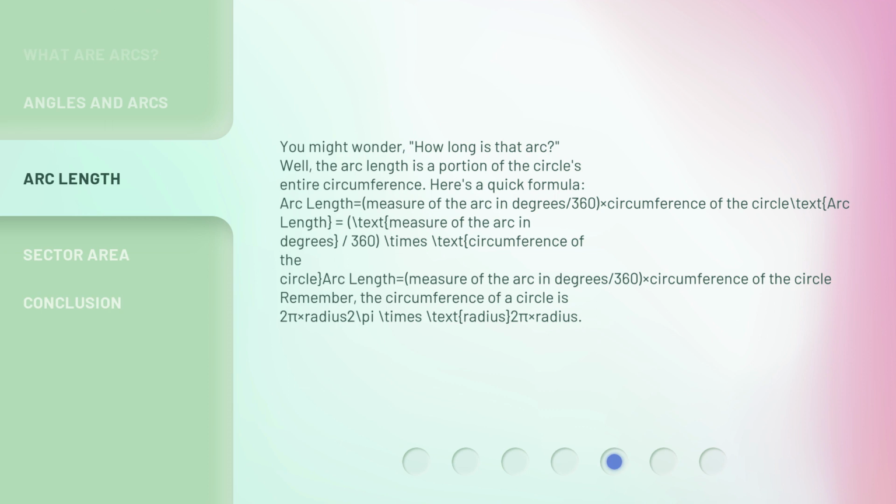Remember, the circumference of a circle is 2 pi times radius.